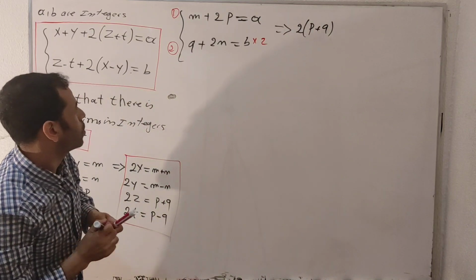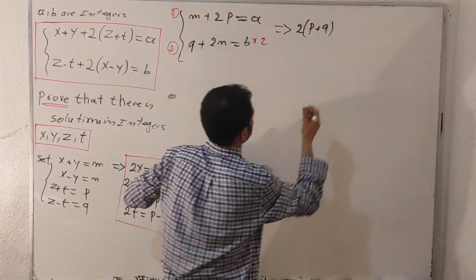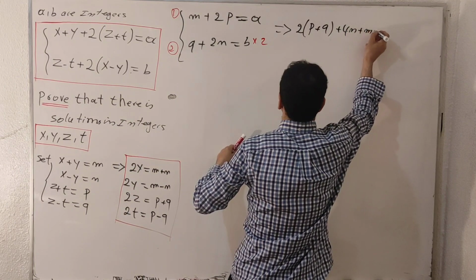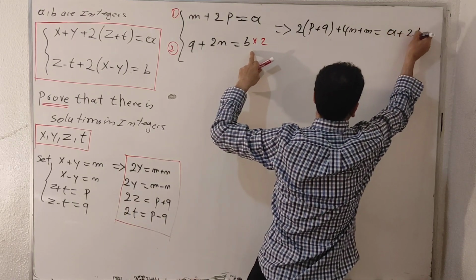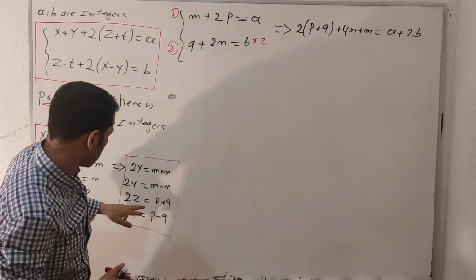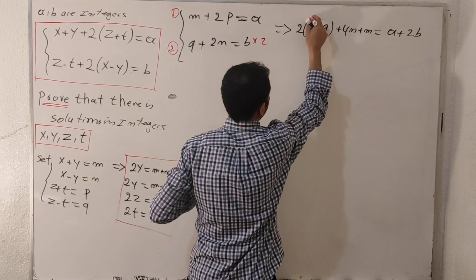For the second term, I will have 4n plus m plus 4n plus m... equals a plus 2b. The reason why I'm doing this is that I know p plus q equals 2z, so this will be replaced with 2z.